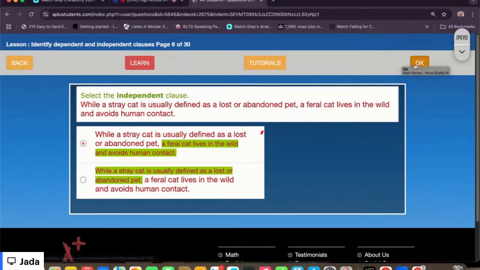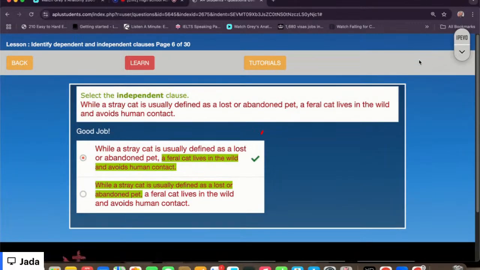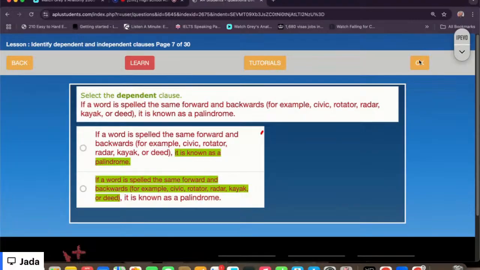We have the first one for the independent clause. If a word is spelled the same forward and backwards, for example civic, rotator, radar, kayak, or did, it is known as a palindrome. So, independent clause.